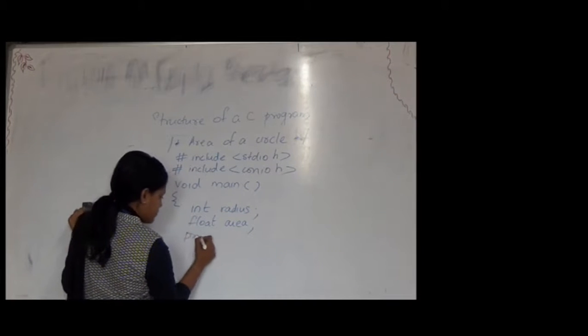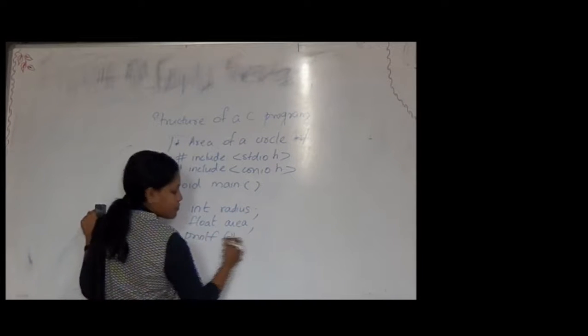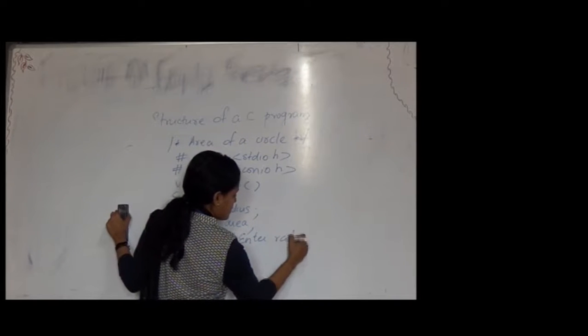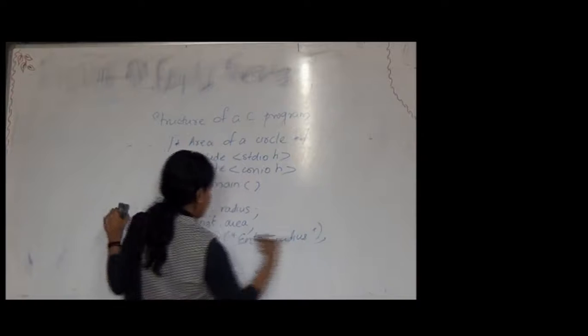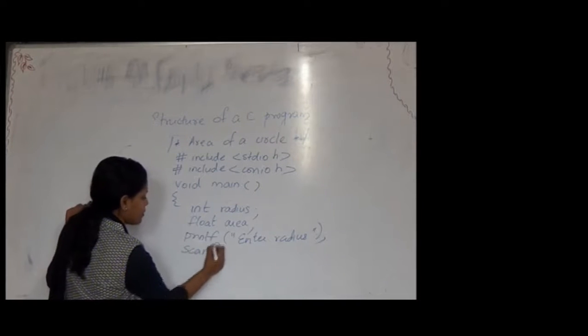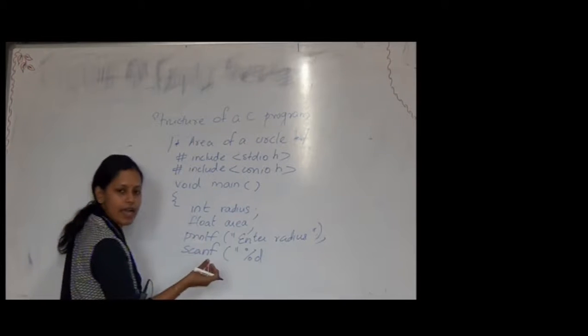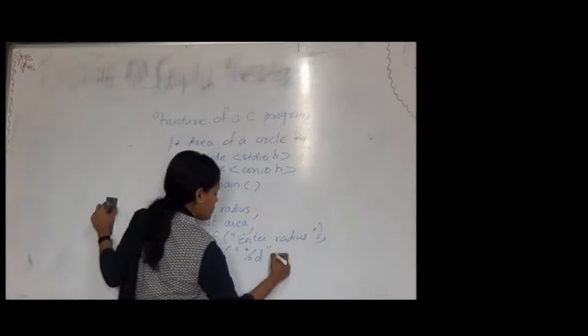I am writing a message which is to be displayed on the output screen, enter radius, followed by the scanf function which is used for reading values from the keyboard.